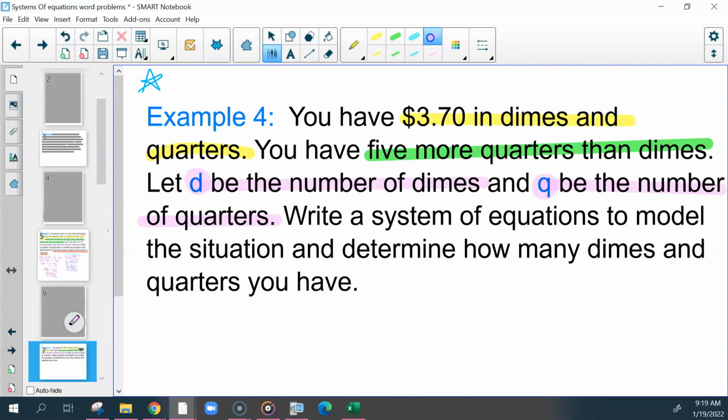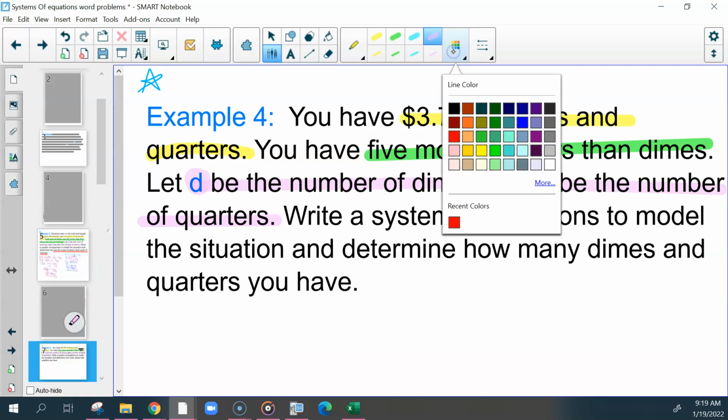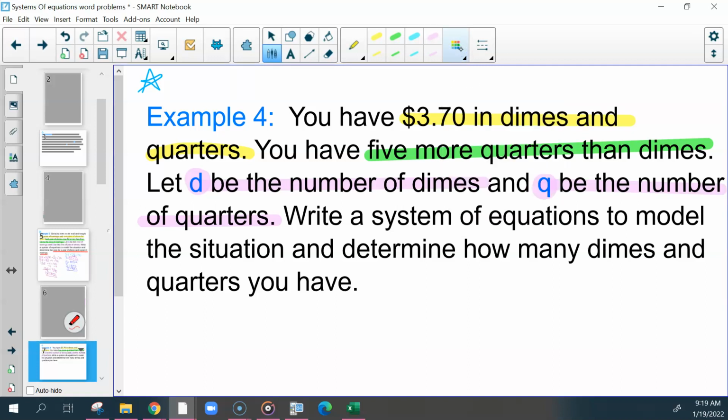And what are we looking for? How many dimes and how many quarters? Alright. This one's going to be set up a little differently, but more or less the same. Do we have any totals? The 3.70.